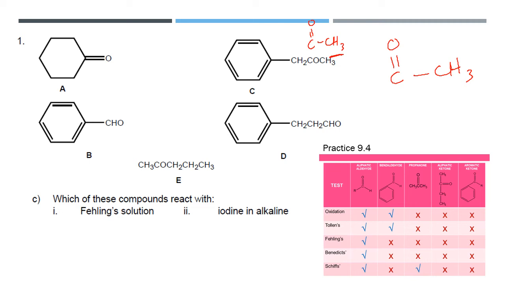Another one is this one, C double bond O, and on the left here there is a methyl group. So C and E would give a positive result when reacted with iodine in alkaline.